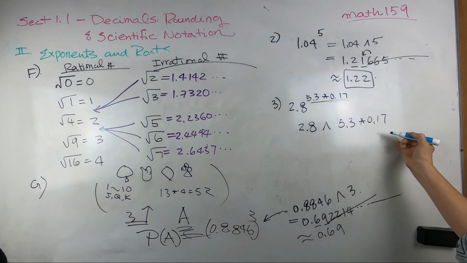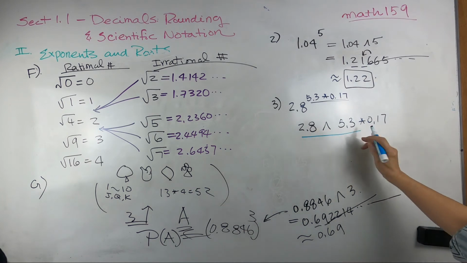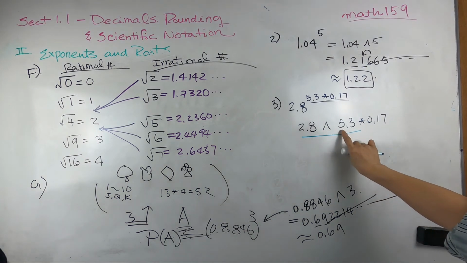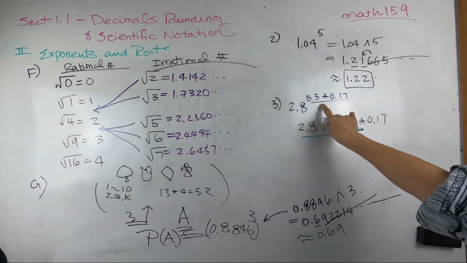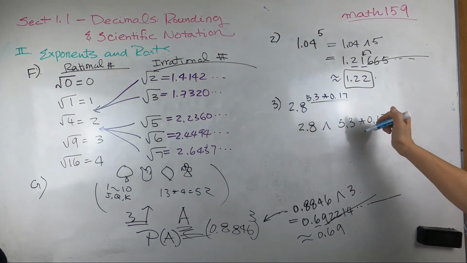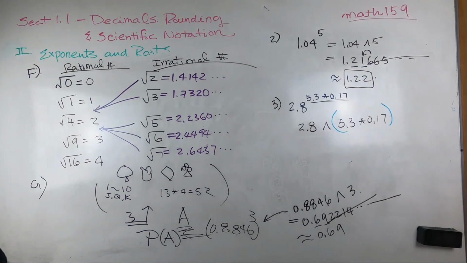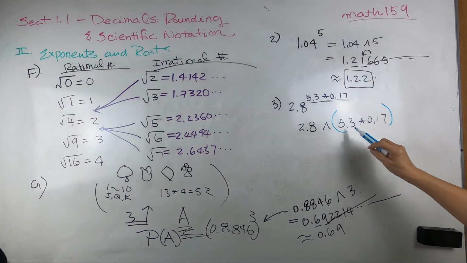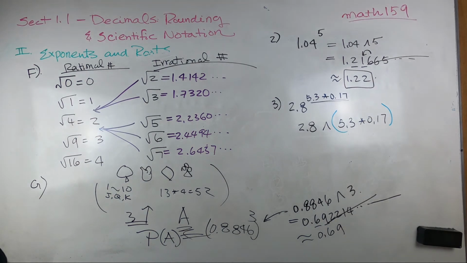Then it's not right. Because if you do the power first, 2.8 only to the power 5.3, not the whole thing. So when you enter the calculator, you need to do the power first. That means you need to use the parentheses. It means it's a group. You do that thing first.